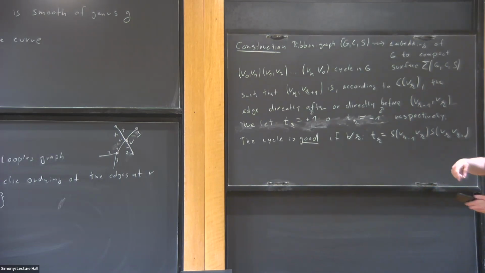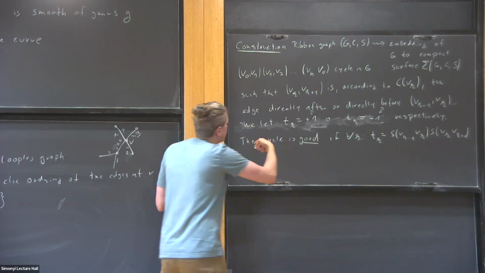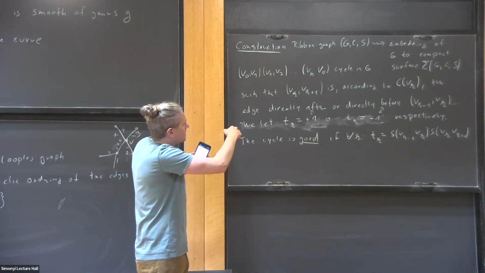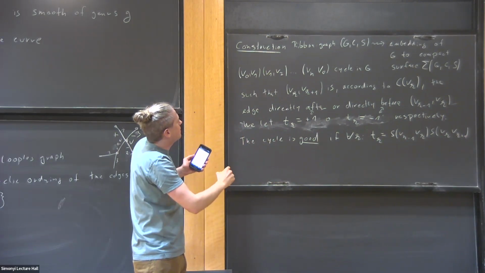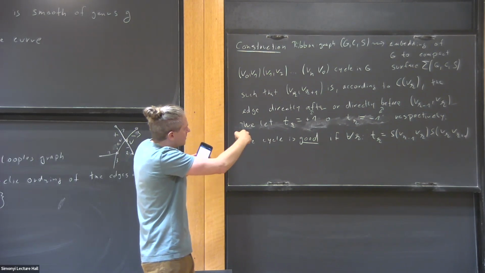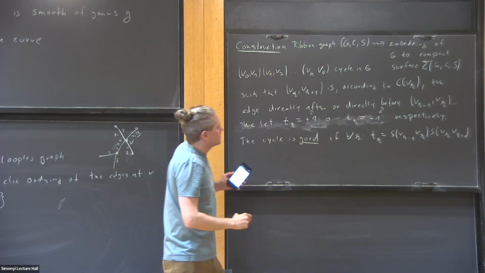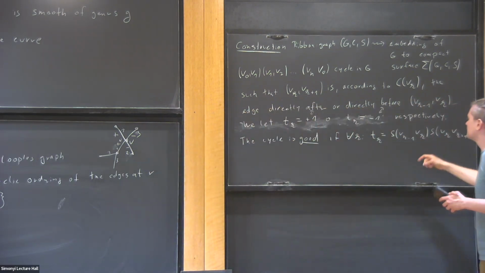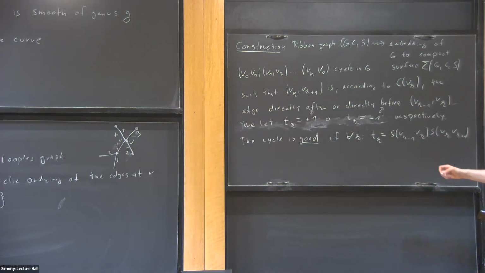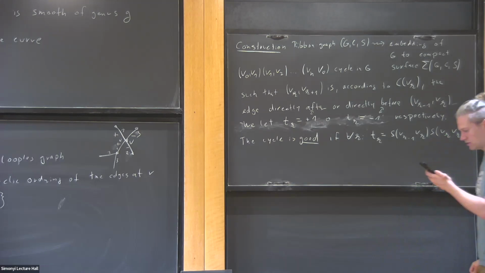So you go from one vertex to the next, and then whether the next edge that you walk is, according to the cyclic ordering, the next one or the previous one, is determined by the choice you made in the previous step and the sign of the edge associated.